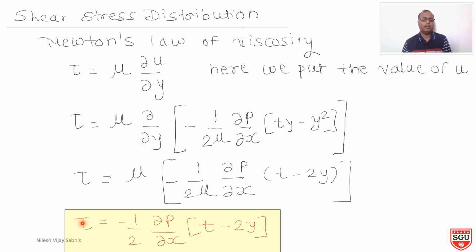So finally tau is equal to minus 1 by 2 dou p by dou x into bracket t minus 2y. In this equation, minus 1 by 2 dou p by dou x and t are constant. So we can say that tau varies with y linearly.